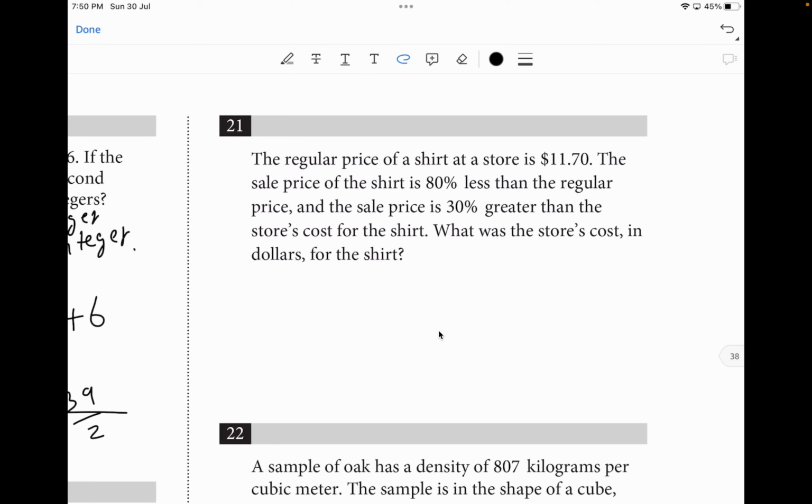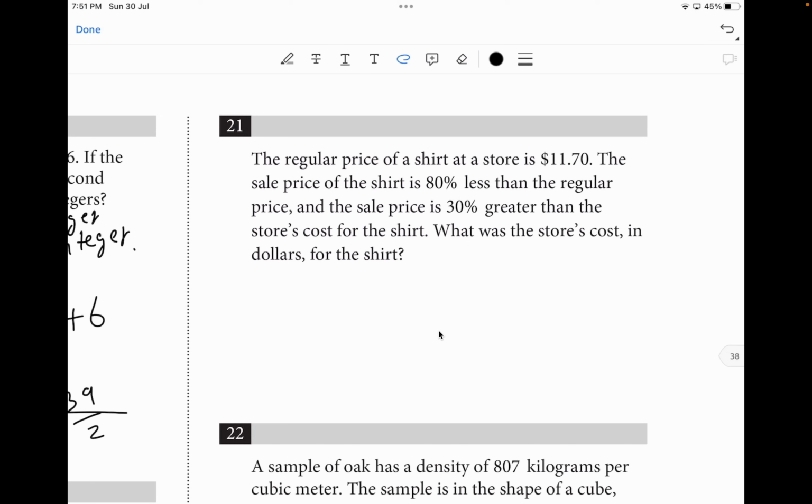What was the store's cost in dollars for the shirt? So, since we know that the sale price is 80% less than the regular price, and the sale price is 30% greater than the store's cost for the shirt.